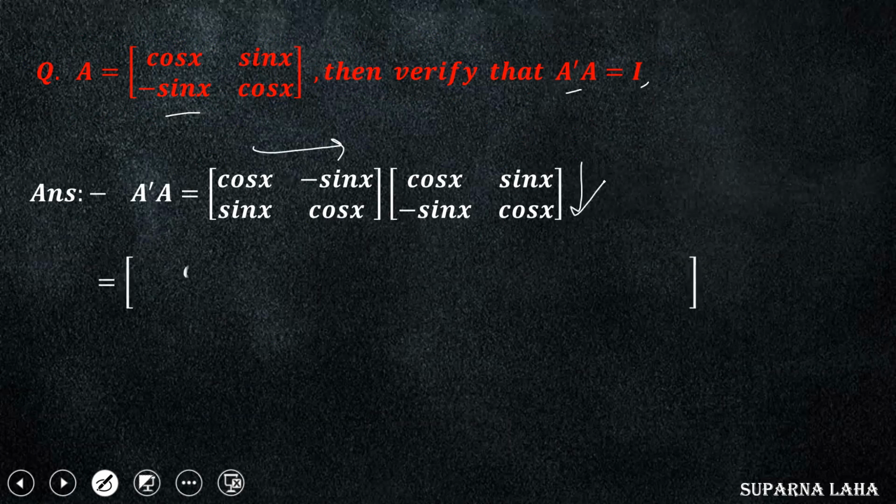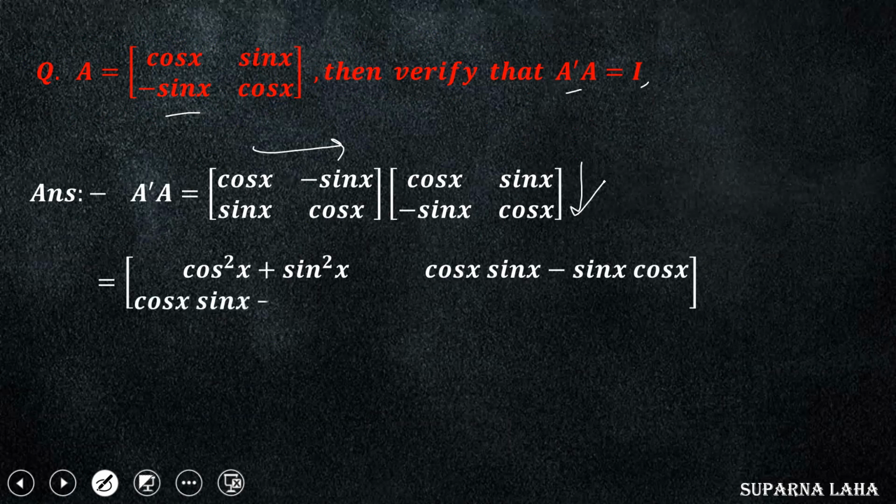So you will find the matrix: cos square x plus sin square x in the first row first element, cos x sin x minus sin x cos x in the first row second element, cos x sin x minus sin x cos x in the second row first element, and cos square x plus sin square x in the second row second element.